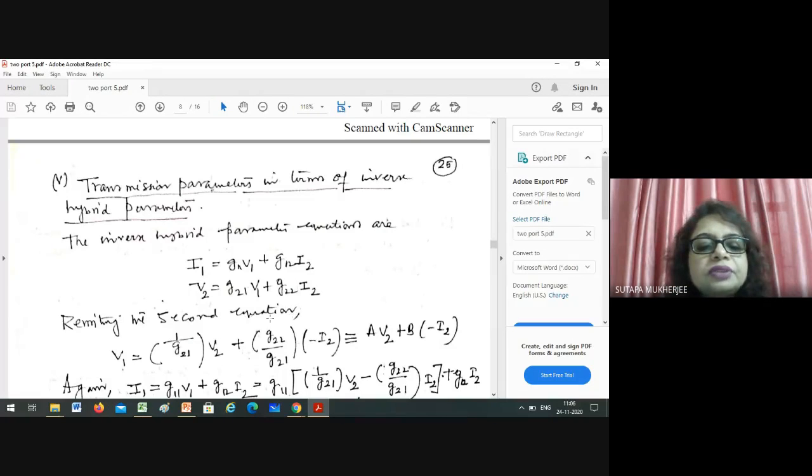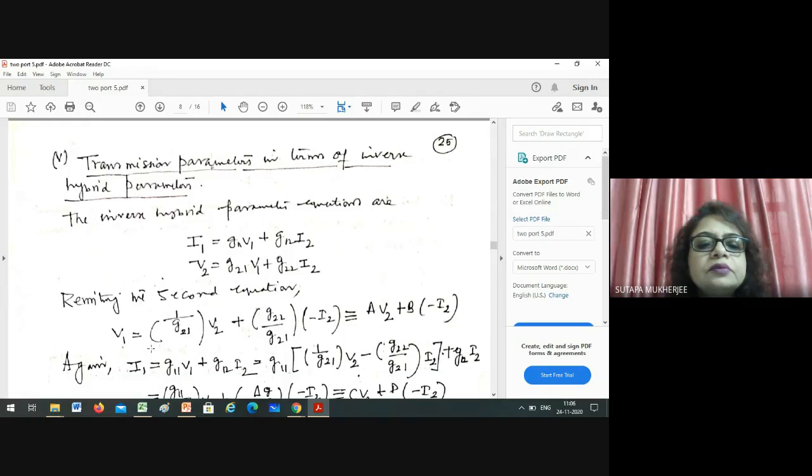Now rewrite the equation for V1. From the second equation, V1 equals V2 by G21 plus G22 by G21 times minus I2. That is equivalent to A V2 plus B times minus I2.